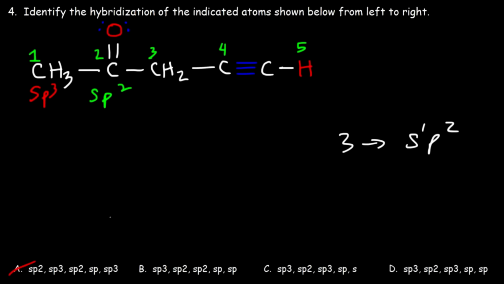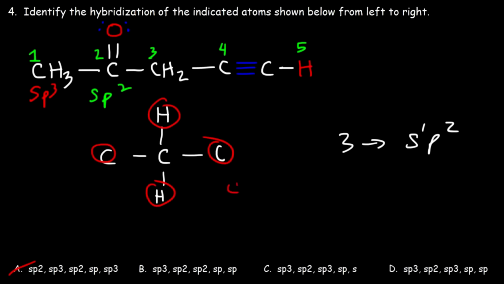Now let's move on to carbon number 3. So we have a carbon that has 2 hydrogens, so we can draw it like this. And then to the right we have another carbon, and to the left we have another carbon. So the CH2 carbon has 4 different groups, and as we know, 4 correlates to sp3.